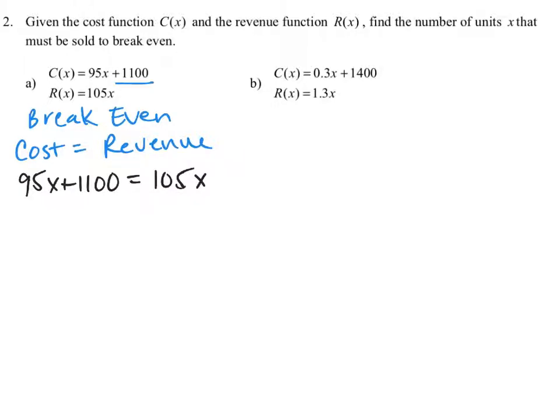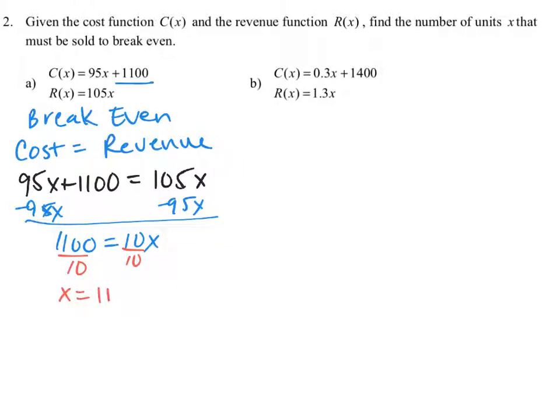Now when we solve this equation for x, we can determine that break-even number. We can do this by subtracting 95x from both sides, and we get 1100 is equal to 10x, and then by dividing both sides by 10, we get that x is equal to 110.